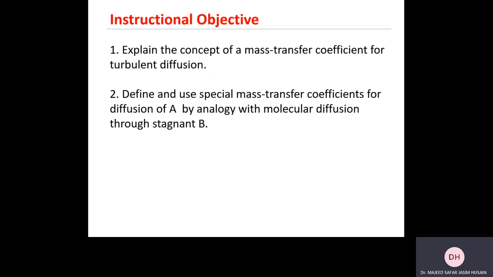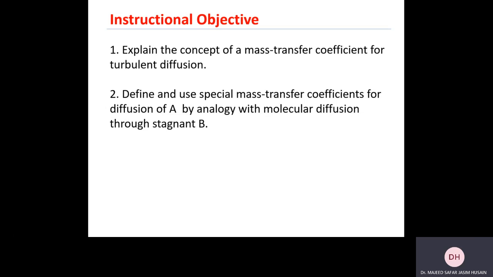So the objectives are two: explaining the concept of mass transfer coefficient for turbulent diffusion. Basically, I'm supposed to explain to you the MTC, but for turbulent diffusion, and you can now relate the convection term.